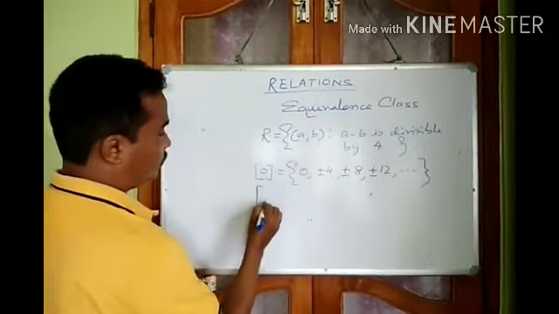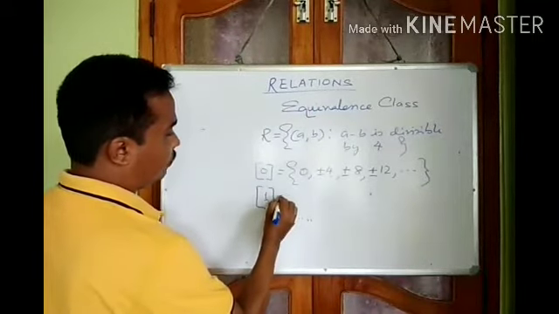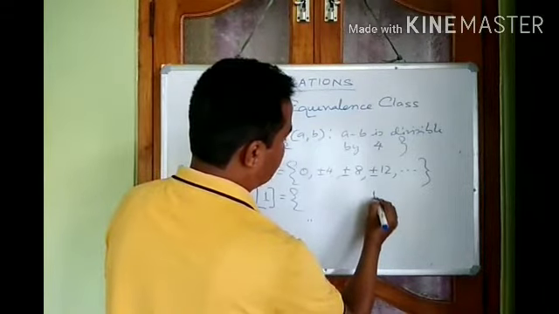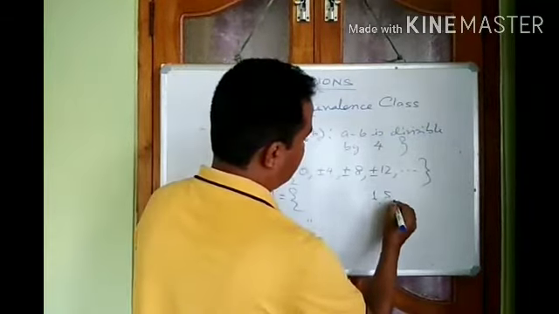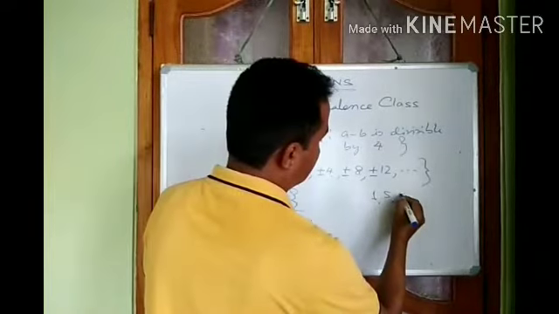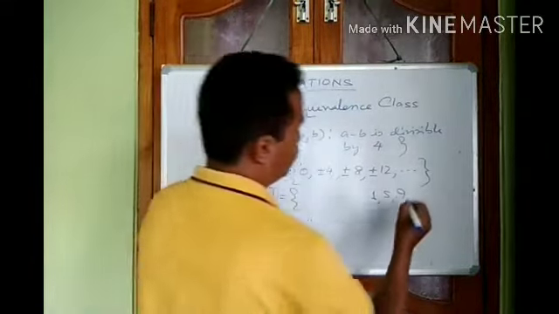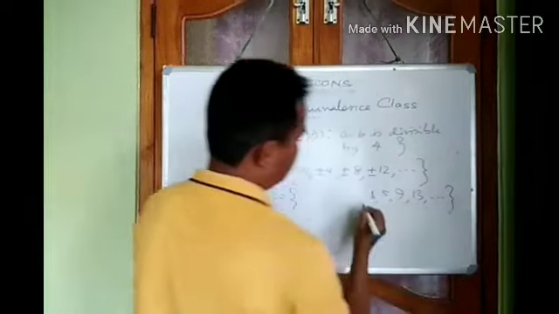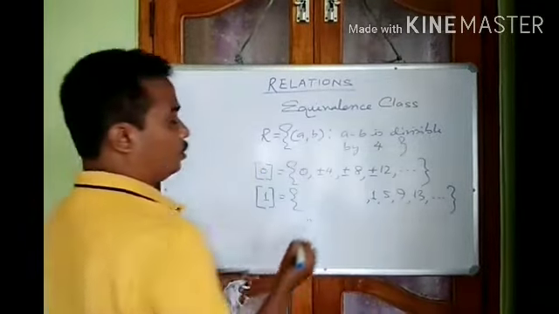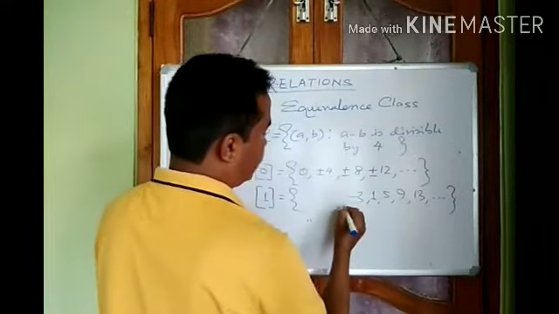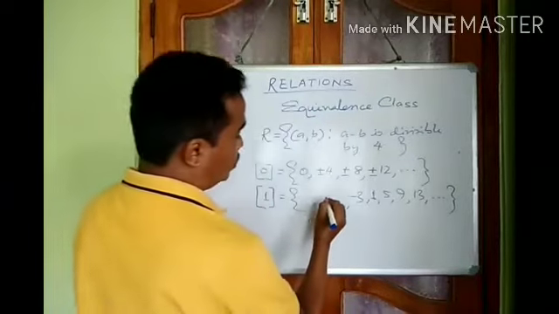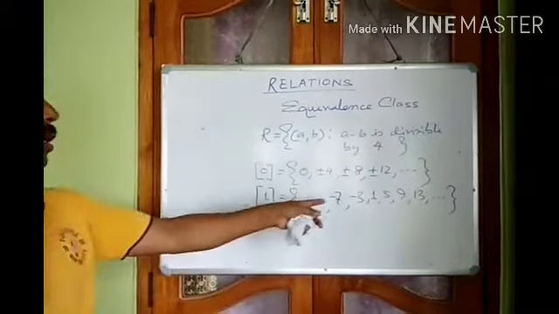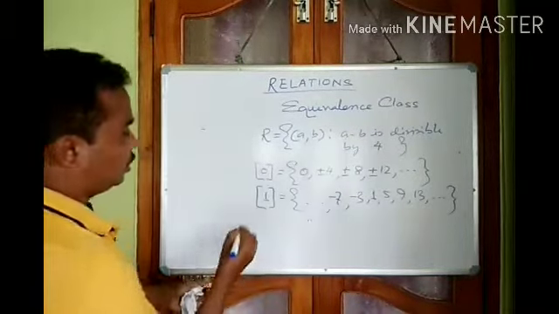And the elements related to 1 are, we write here in the middle, 1, 1 plus 4 is 5, 5 plus 4 is 9, 9 plus 4 is 13, and so on. And here also 1 minus 4 is minus 3, minus 3 minus 4 is minus 7, and so on. So all the elements here are related to each other.